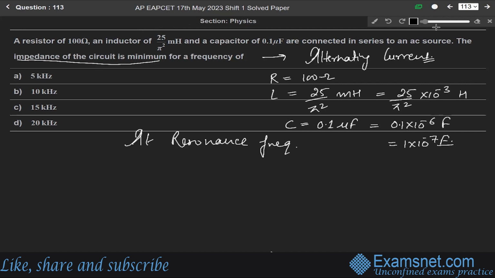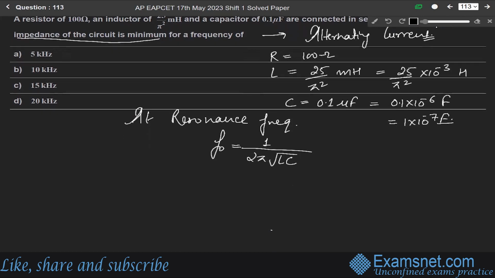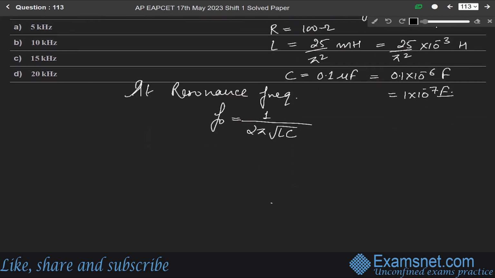Impedance is minimum at resonance frequency, which is given as f naught equals 1 over 2 pi under root 1 over LC. Okay. Impedance is minimum at resonance frequency, and this resonance frequency f naught is equal to 1 over 2 pi under root LC. So just put the values given in the question.